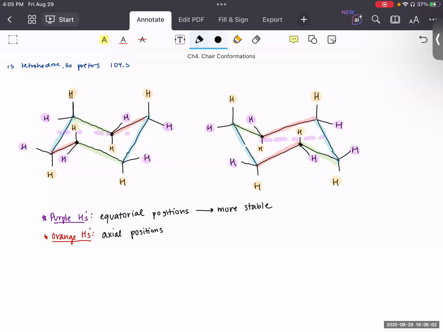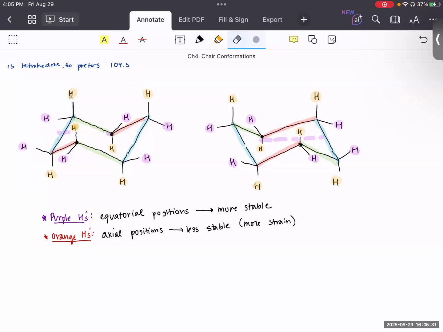It's in the middle of the structure. They're more side to side, versus the axial positions should always be pointed either up or down. And in general, axial positions are less favored. So in general, structures prefer to have big groups placed into an equatorial position that are going to have less strain.